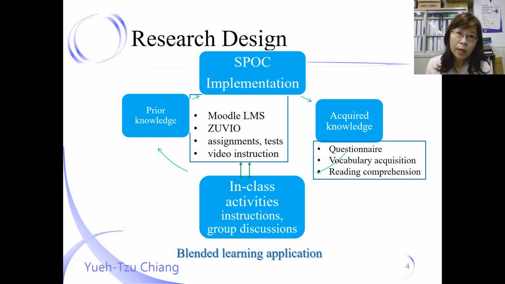In the SPOC classroom, we have assignments, tests, and of course video instruction. Students preview the videos, and then they come into the class. We have in-class activities, in-class instruction, and group discussions. There's prior knowledge and acquired knowledge for the students.